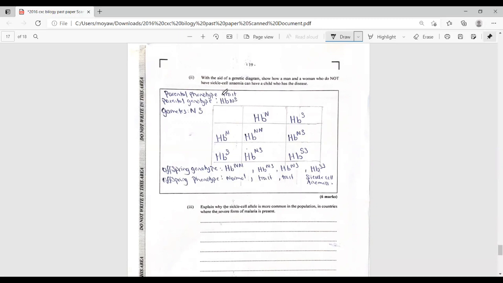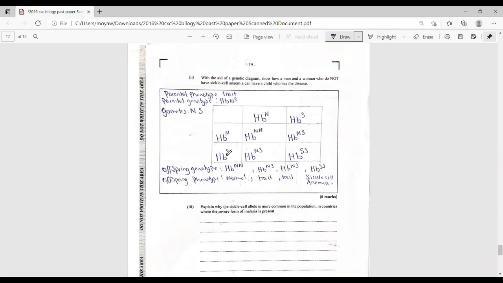So now we have to separate it. So this is up on its square. So we have HbN and HbS, because we separated the HbNS. So we have HbN, HbS, same thing. So HbN times HbN will give us HbNN, which is a normal person.